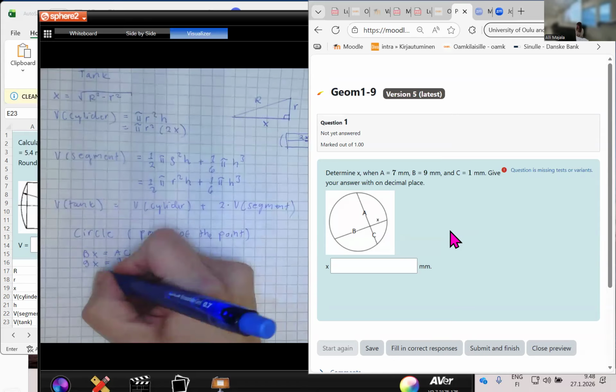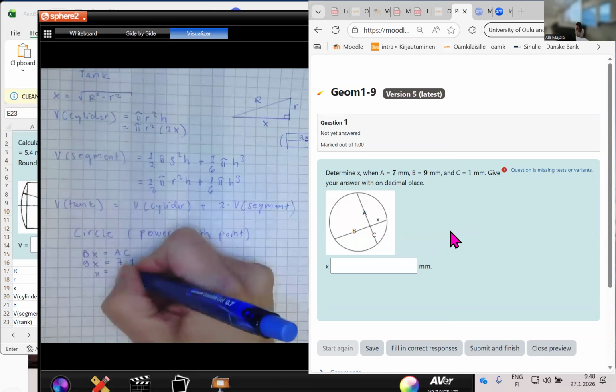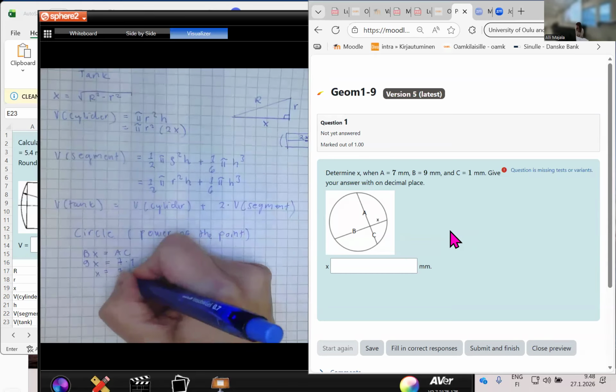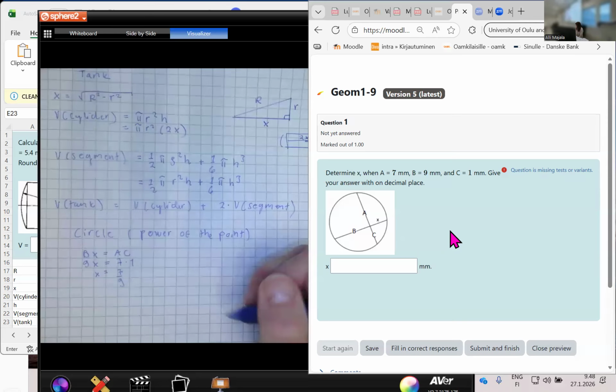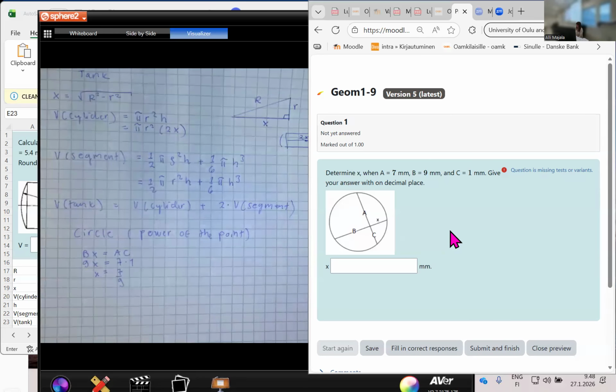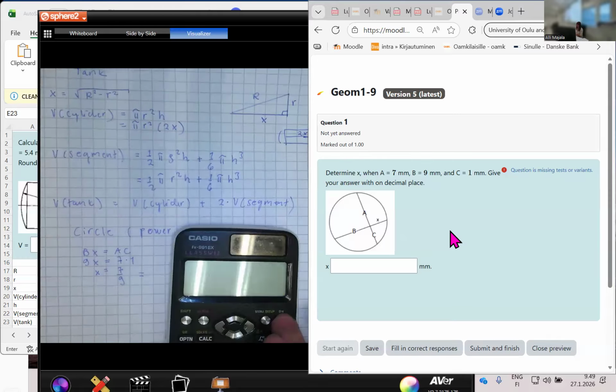Which would be then 7 divided by 9. And that would be, yeah. This is something I wouldn't have known of this kind, but it's there.